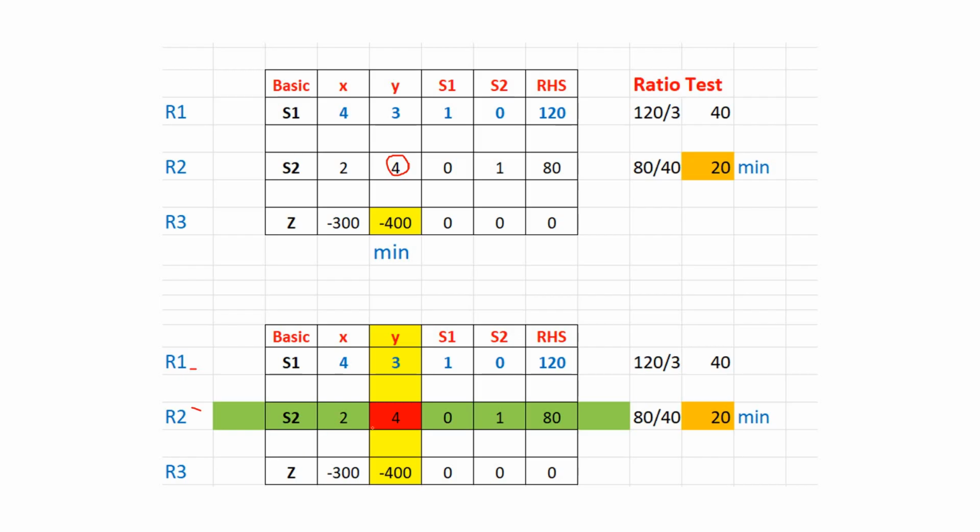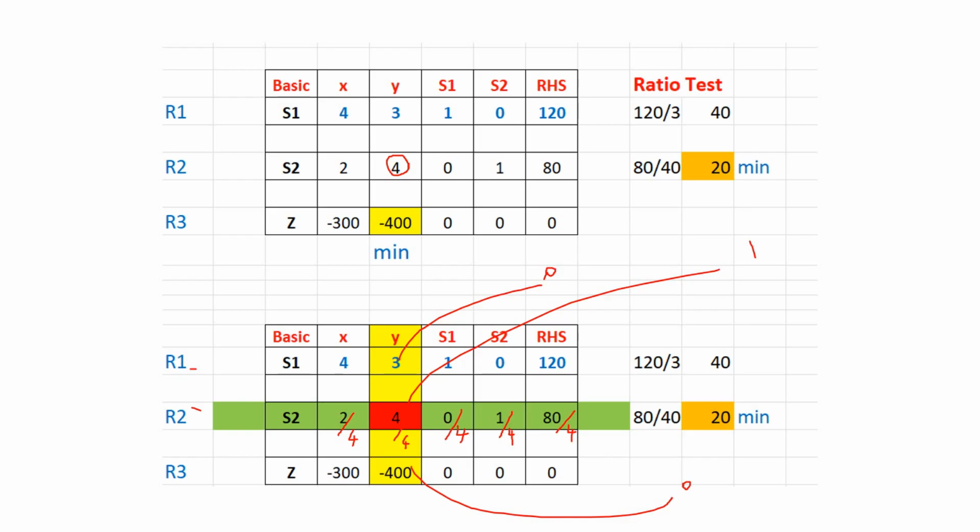Okay. Now what we are going to do is, this pivot element should be converted to 1, and the element of this row should be converted to 0, and the element of this row should be converted to 0. So how you are going to do that? Whatever you do, you have to do throughout this row. For example, if you want to convert this 4 to 1, you will divide this 4 by 4. Similarly, you have to divide this whole row by 4. 0 by 4, 1 by 4, 80 by 4.